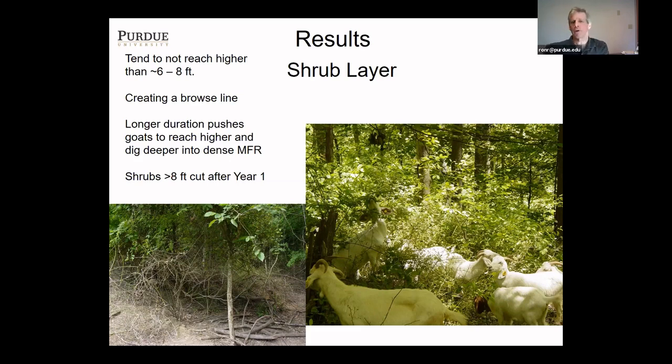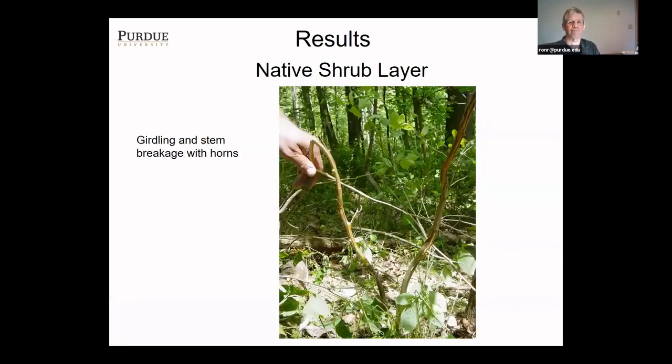After 1 year of grazing, we decided to go in and cut shrubs that were greater than 8 feet tall, those that the goats couldn't reach, so that forage would become available to them in subsequent years. They not only browse, but they also rub their horns, stripping bark, girdling stems, and breaking stems. So there's a significant amount of damage done in that manner as well.